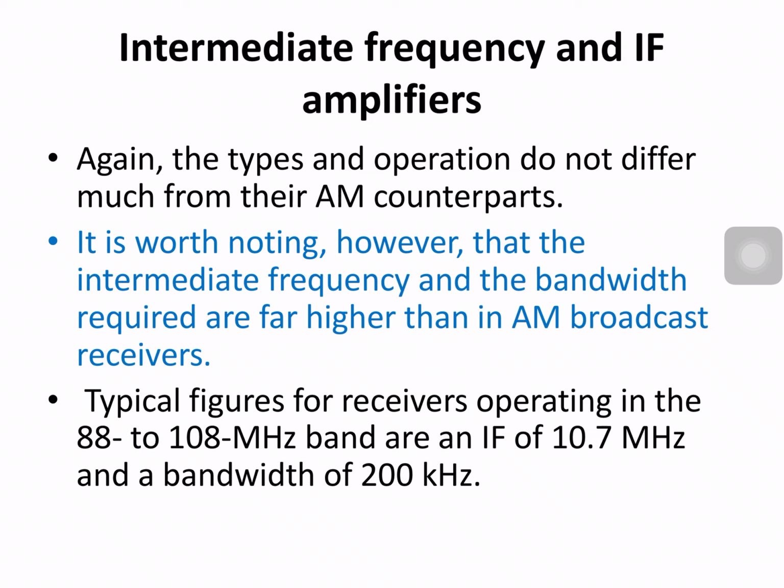Typically these frequencies are 88 to 108 megahertz, the intermediate frequency is 10.7 megahertz, and the bandwidth is 200 kilohertz. So the bandwidth of FM signals is 200 kilohertz, the intermediate frequency is 10.7 megahertz, and the band is 88 megahertz to 108 megahertz.